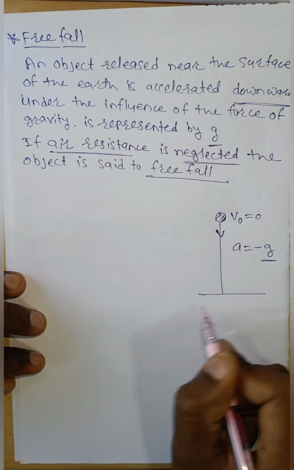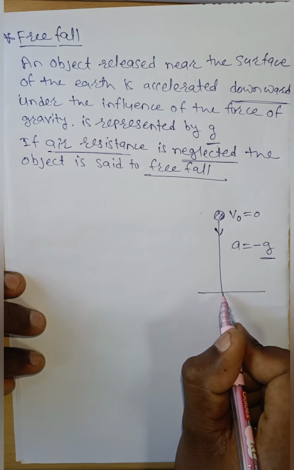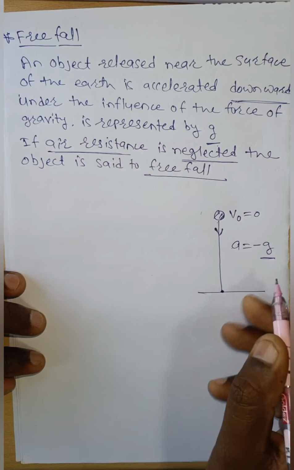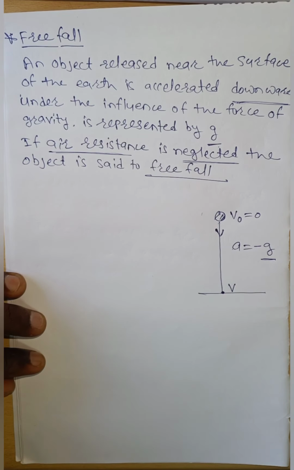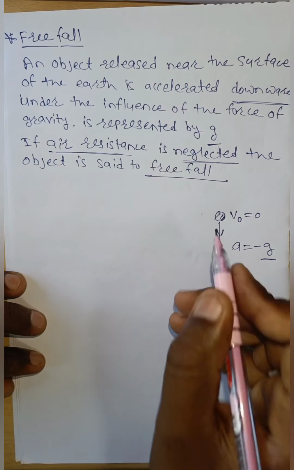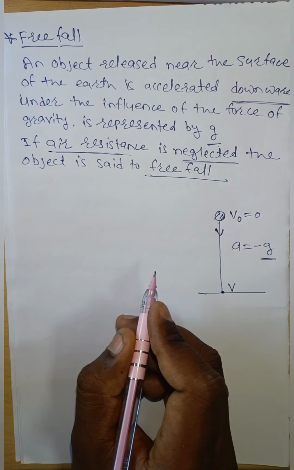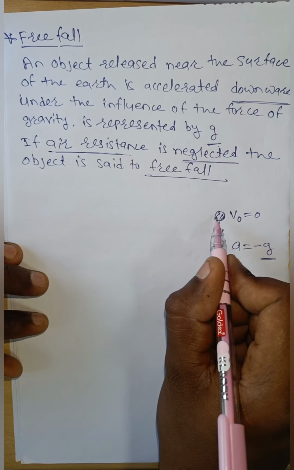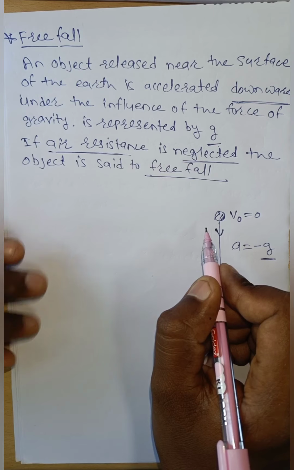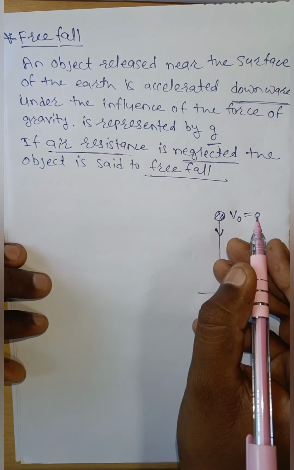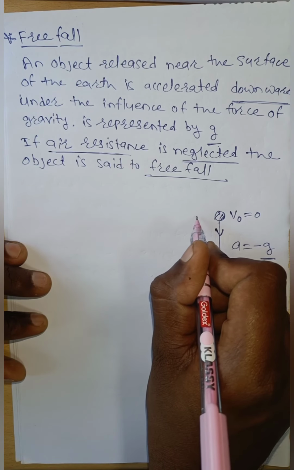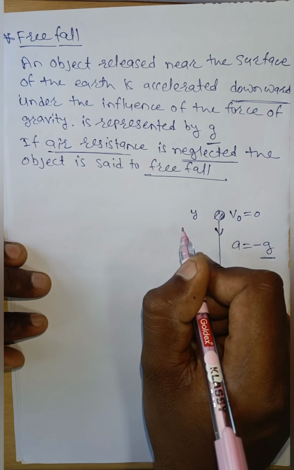Suppose this is the earth surface. When the body reaches the earth surface, then the velocity is the final velocity. Now suppose the point at which we release the body is the initial point, that is, the initial position is y naught.